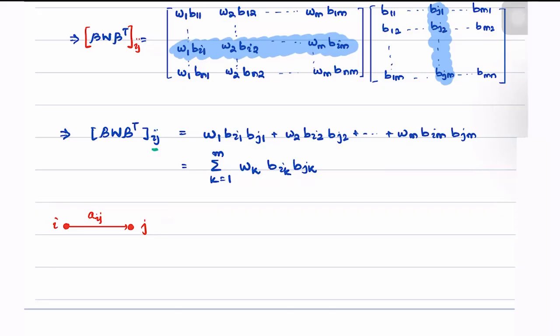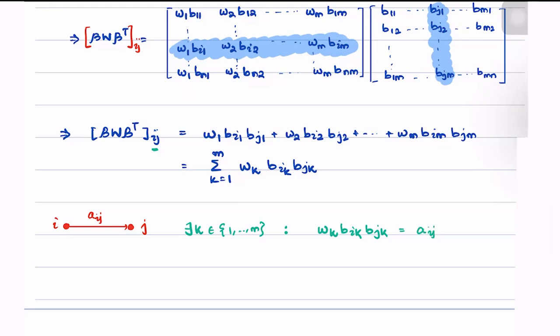Meaning in that case, there exists some K in the set 1 to M, at least one of the edges, such that Wk Bik times Bjk is in fact equal to Wk, which is the weight of the edge.